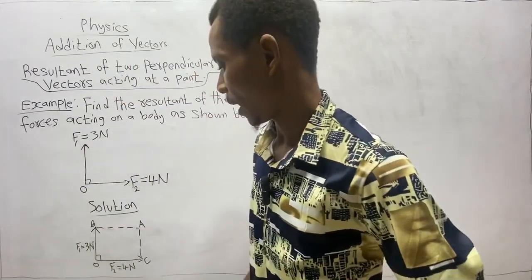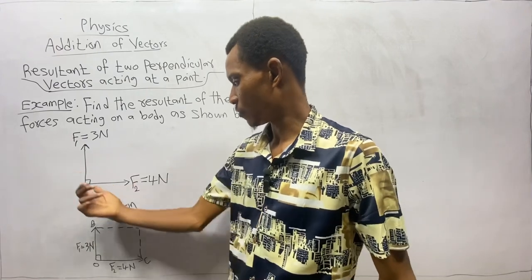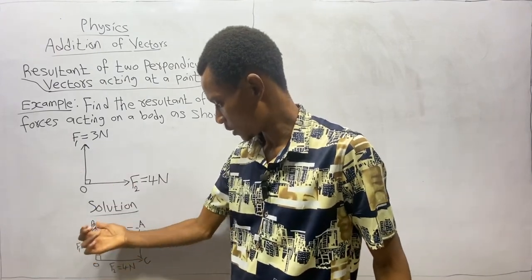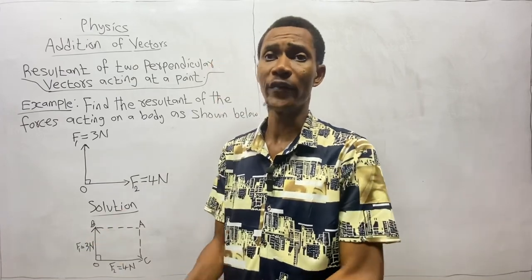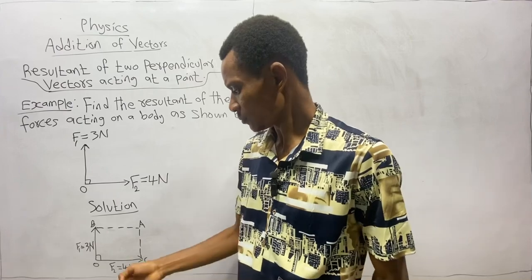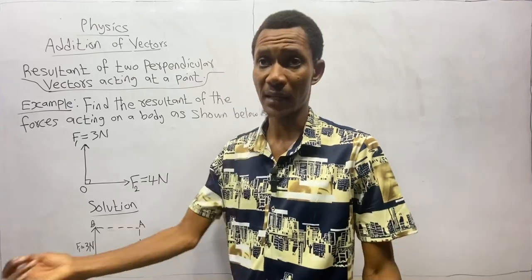So we have formed a parallelogram using these two vectors. Now as you can see, this is a parallelogram. This parallelogram can either be a square or a rectangle. But for this particular one, it will be a rectangle.